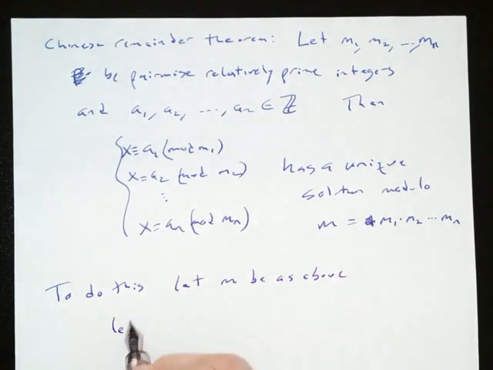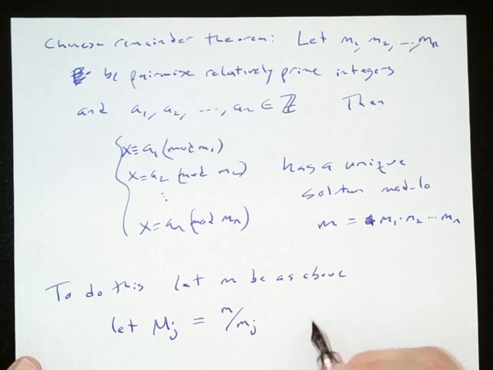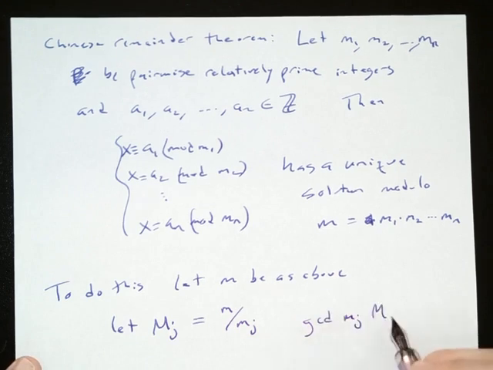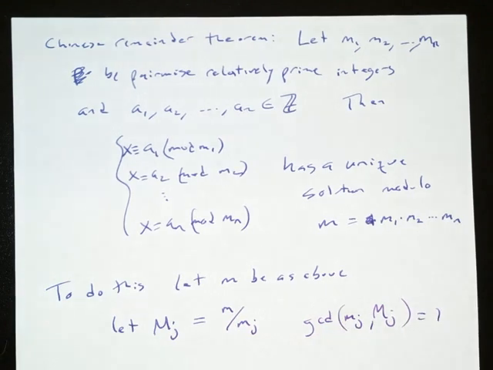And then capital M_j is little m over little m_j. So that's all of them except the jth one. Those are relatively prime to one another.